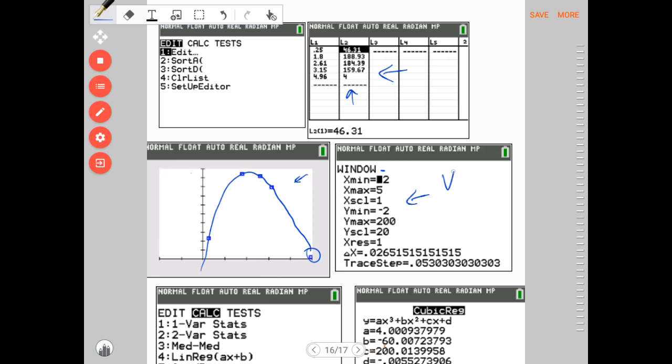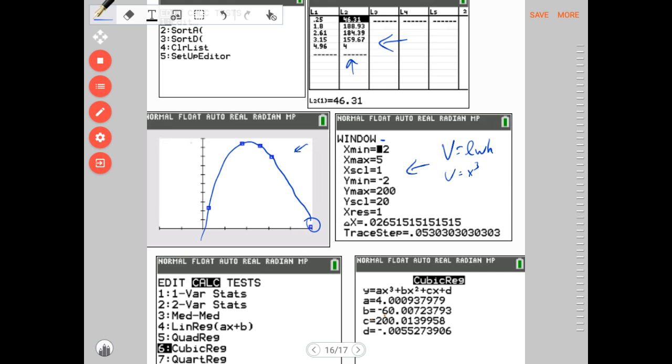You can also tell that because, remember, this is a long time ago, but volume is length times width times height. We can make these expressions all in terms of x. Either way, this is going to give us some form of an x cubed function. So that kind of gives it away that it's a volume or a cubic function as well.